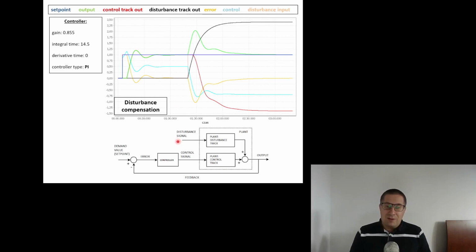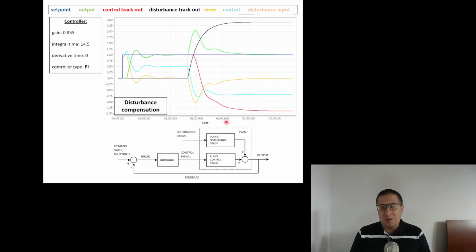So if the disturbance changes and it affects the output, we will see the change in the error, right? And of course, in such a case, the PID controller will react in order to minimize this error. Here you can see the disturbance tracked output.